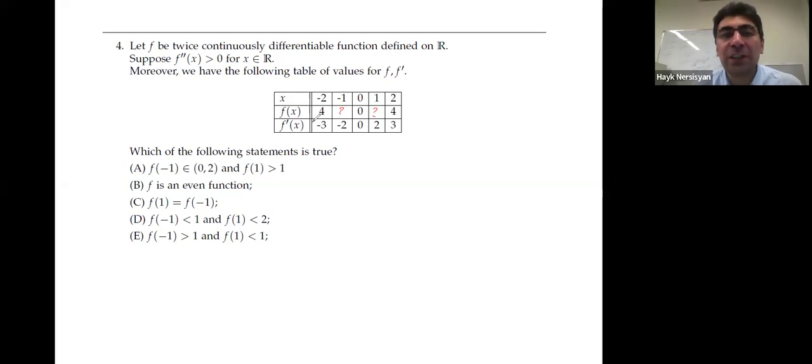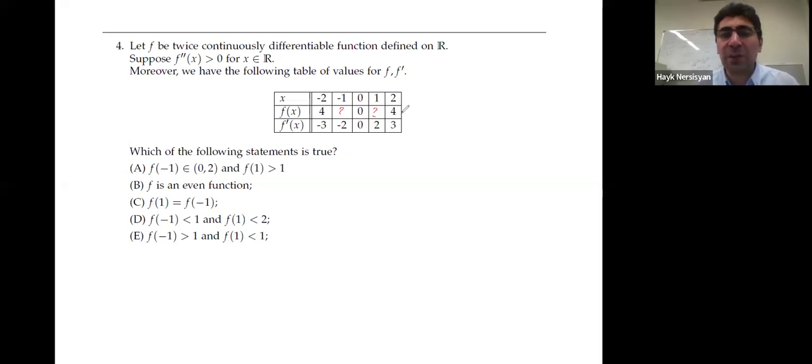The only thing that is given about f, other than twice differentiability, which is not so useful in this table, is that the second derivative is positive. So the function is concave up. Concavity of a function, we can think of the second order derivative, but again, the second order derivative is not useful when we work with tables.